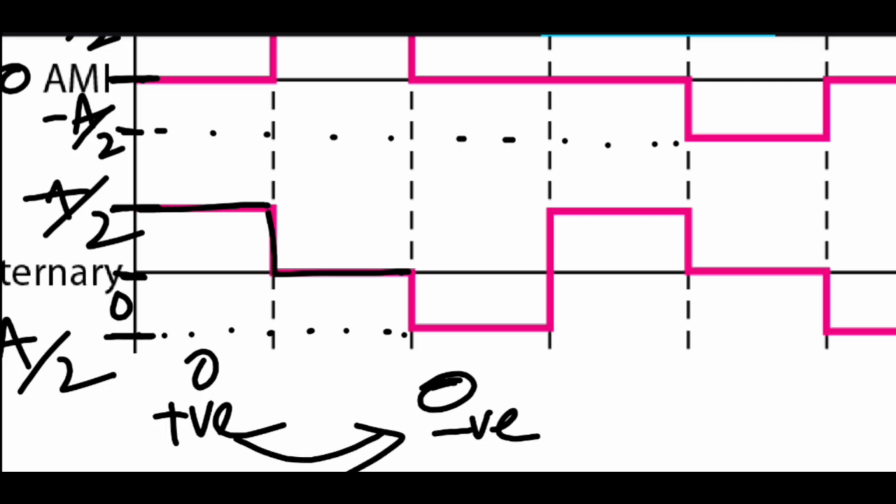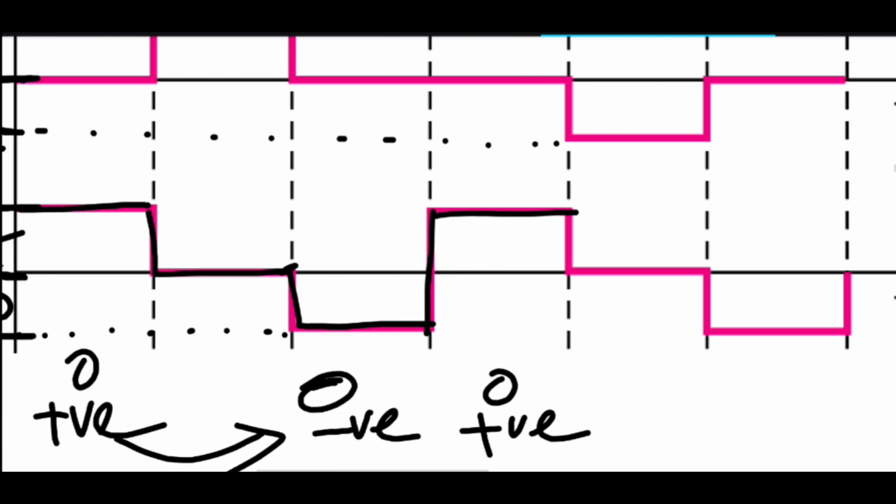Okay, then again 0, positive, inverting. Okay, it's a 1, at the 0 level, then again a 0, negative. Okay.